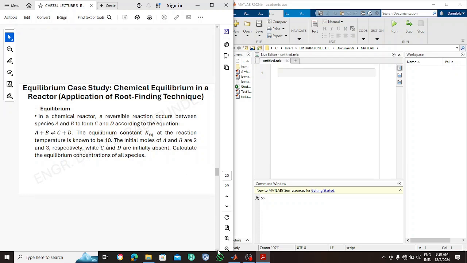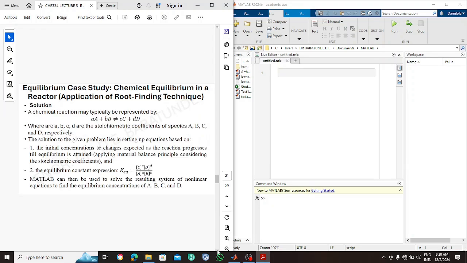Okay, so going back to this, if you want to solve the problem at hand, what you need to do is to apply the principle of material balance.